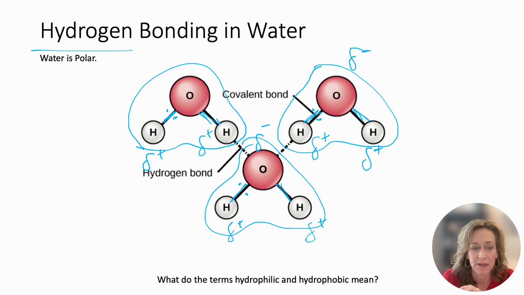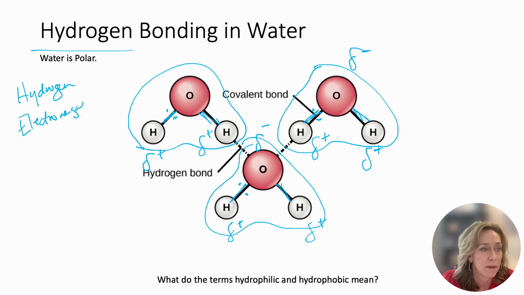It's actually occurring between a hydrogen that's covalently bonded to another atom and an electronegative atom that is also already covalently bonded to something else. So oxygen is an electronegative atom. So that means hydrogen bonding can occur between water molecules.